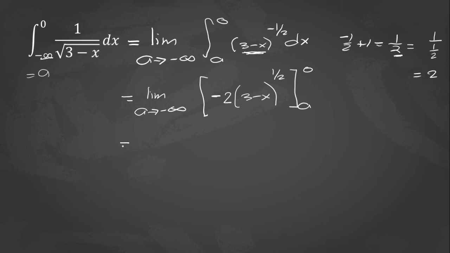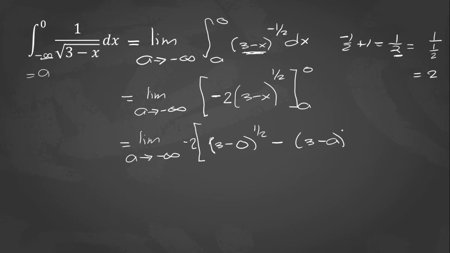Thus, we have the limit as a approaches negative infinity, evaluated from negative 2. We take the 2 outside since it is a common factor of this term. We'll have 3 minus 0 raised to 1/2 minus 3 minus a raised to 1/2.